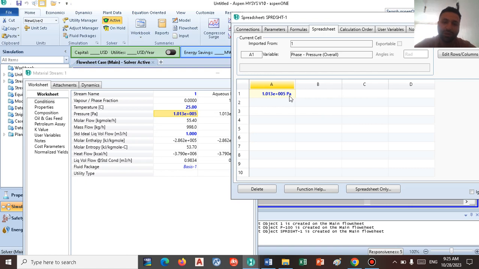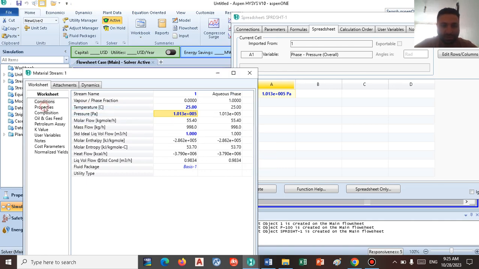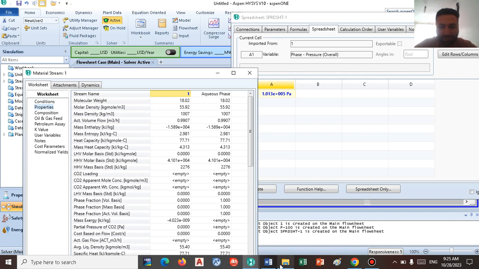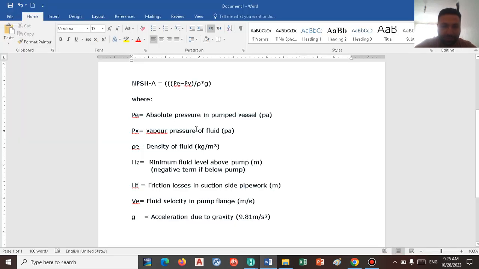If you insert pressure in atm or other units, you should convert the units. The second term is the vapor pressure of the fluid, but we do not have any item with that title.